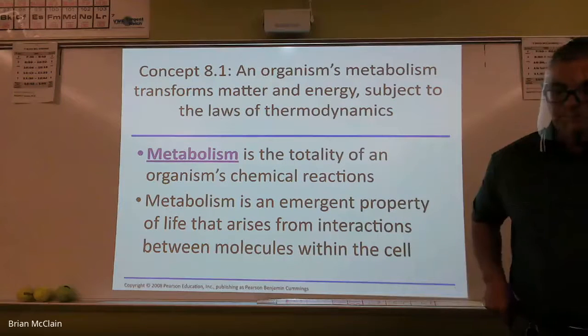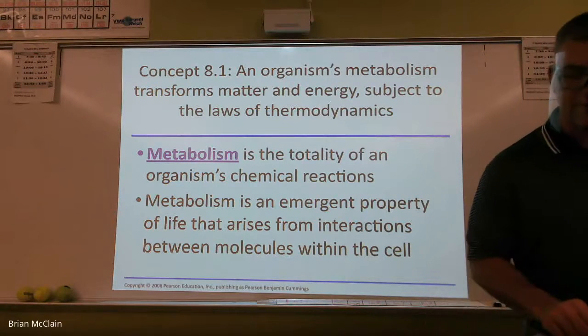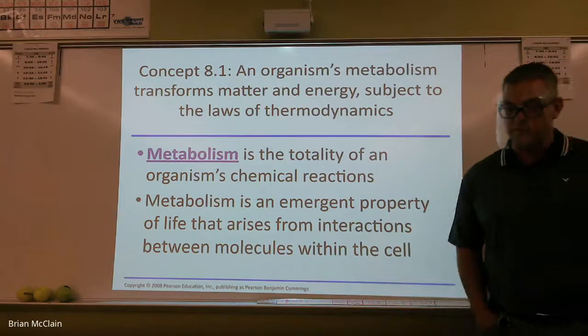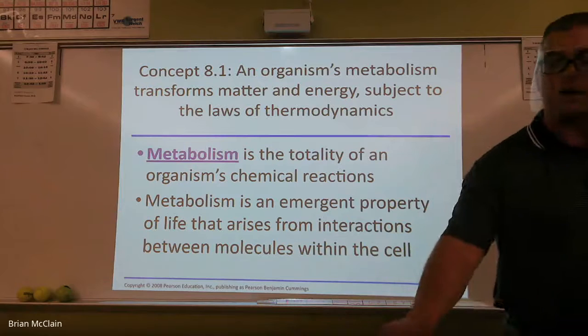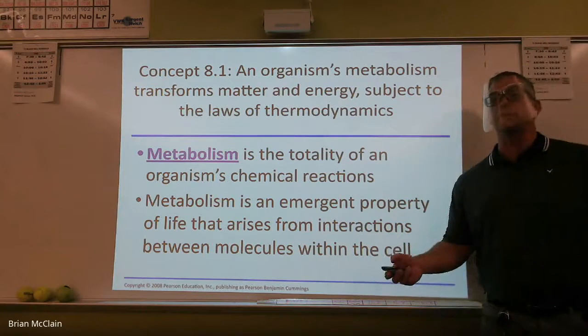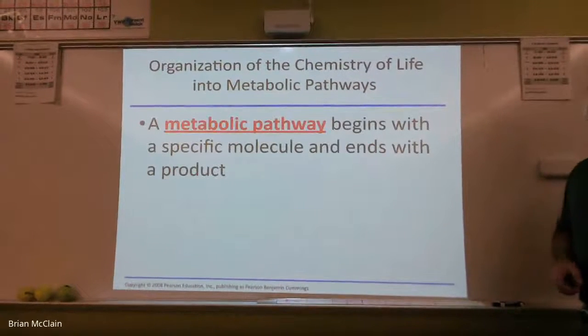So in bio, there's definitely lots of different metabolic pathways that we could potentially examine. I would say that in this unit, the 2 big ones are going to be cellular respiration and photosynthesis. Okay.